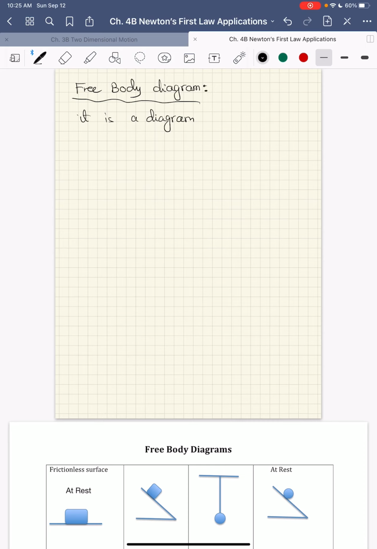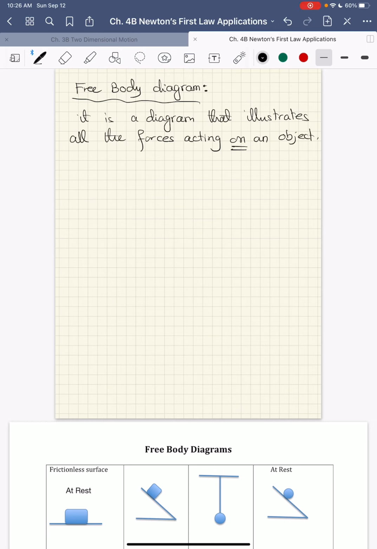Okay, then it is a diagram that illustrates all the forces acting on an object.